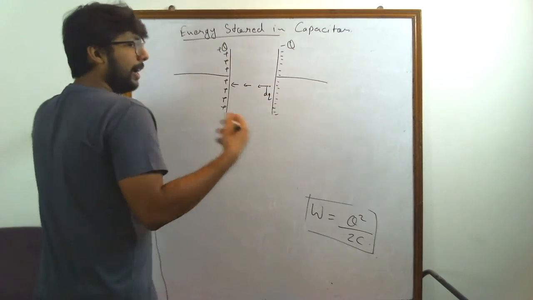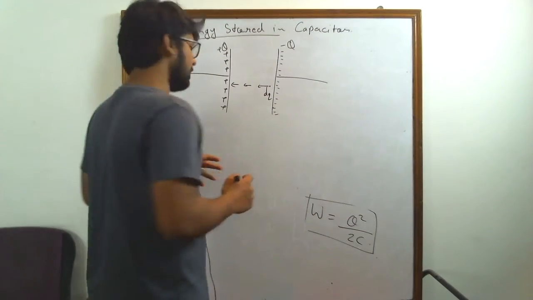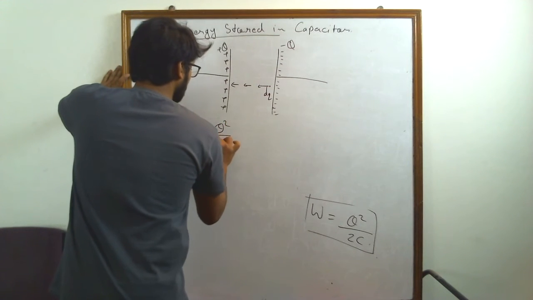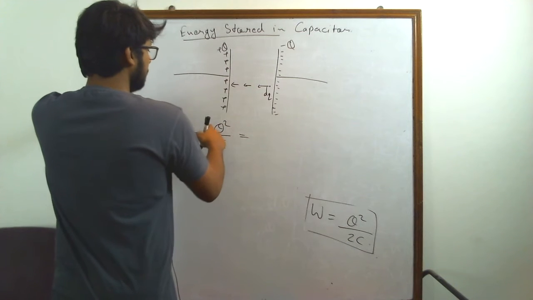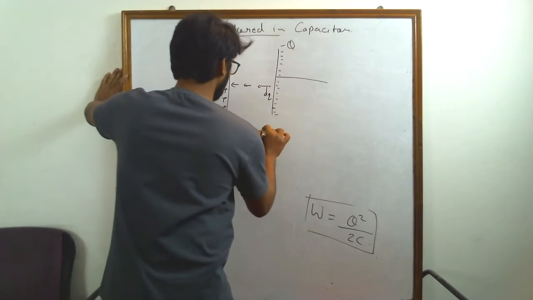Now I can write it in different forms as well. Such as work done is equal to Q square upon 2C, as well as I can write Q upon C as V, right?